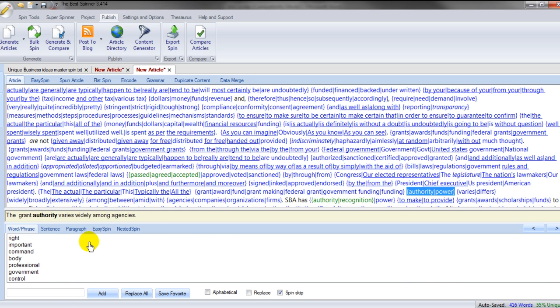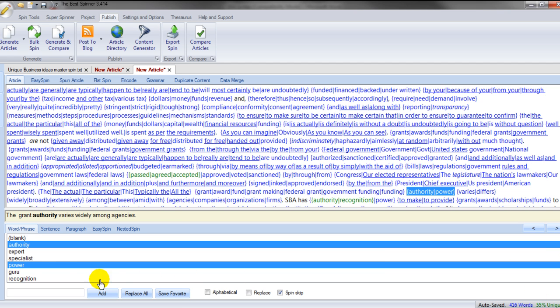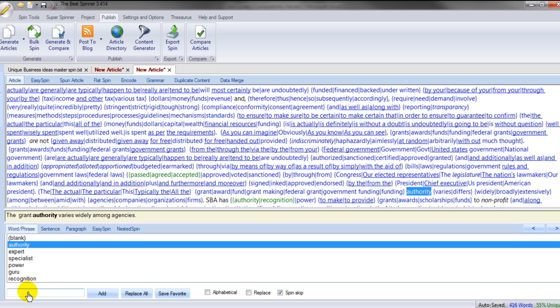So authority, what do we have so far? Authority, power. So the grant power, maybe not just power. It could be power to approve.